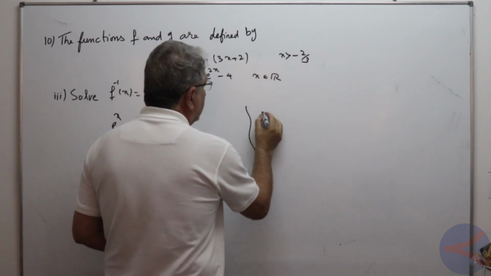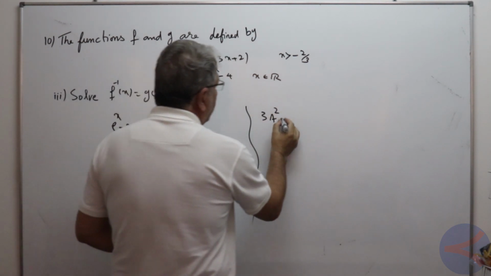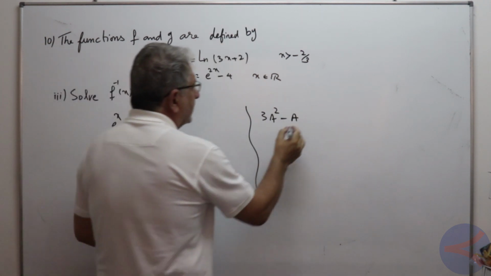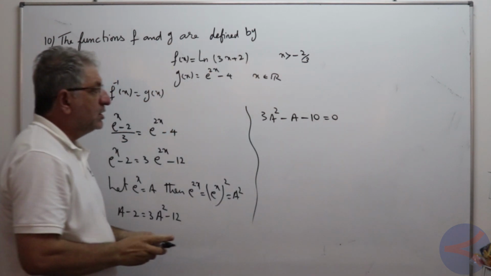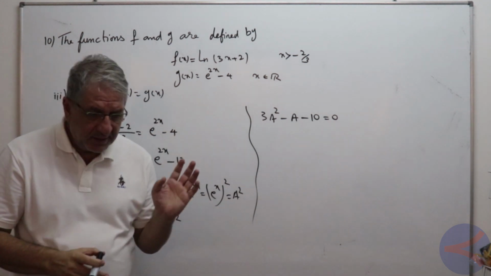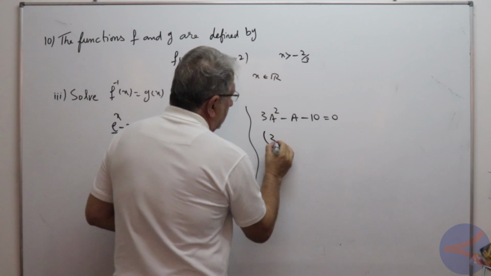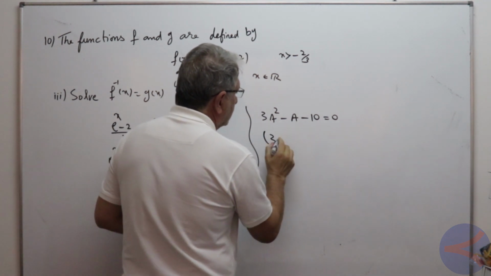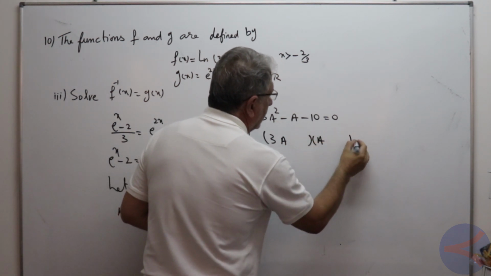Now I have got 3a squared, then I take this side, I'm going to get minus a, then this comes here and will be positive, therefore it is minus 10 is equal to 0. You can solve this by different methods, but I prefer to solve it by factorization. But you can use any other method which you want.